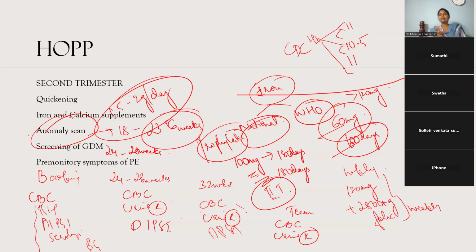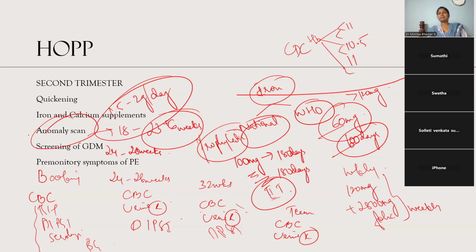And in our FGR class, we will discuss minor risk factors and major risk factors, when you have to repeat the screening for fetal growth restriction, and how you manage a case of fetal growth restriction based on ultrasound parameters.